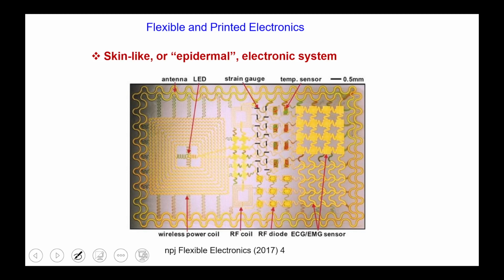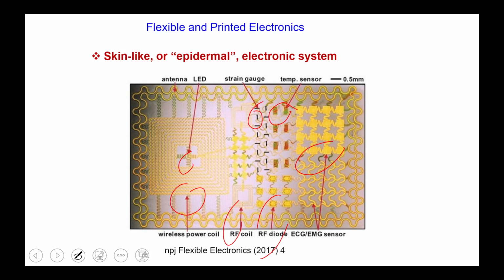These are the wireless power coil and antenna. These are the LEDs we have fabricated. Strain gauge sensor, temperature sensor we have fabricated. ECG, EMG monitors, these are sensors. RF diode, RF coil. So all are integrated.